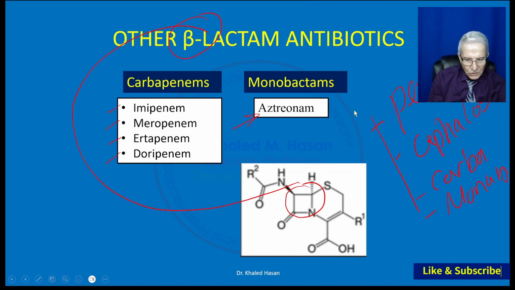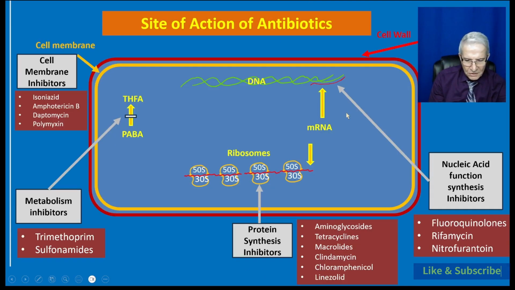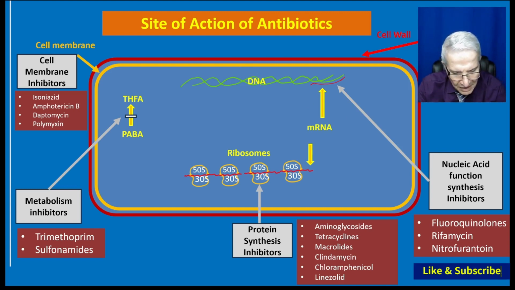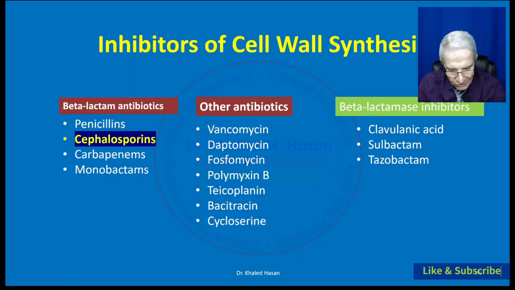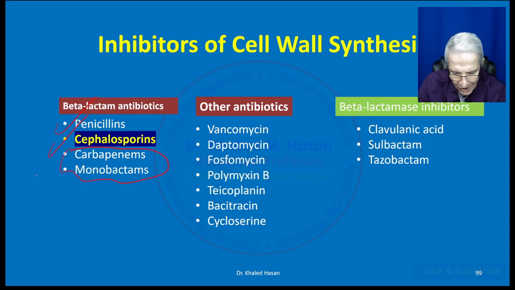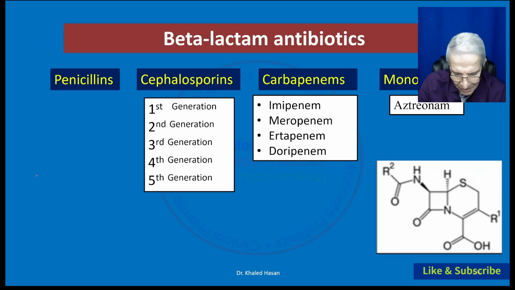Okay, let's start with the carbapenem first. To remind you again, the beta-lactam antibiotics mainly inhibit cell wall synthesis of the bacteria. We already covered penicillin and cephalosporin, and now we are talking about the carbapenem and monobactam.